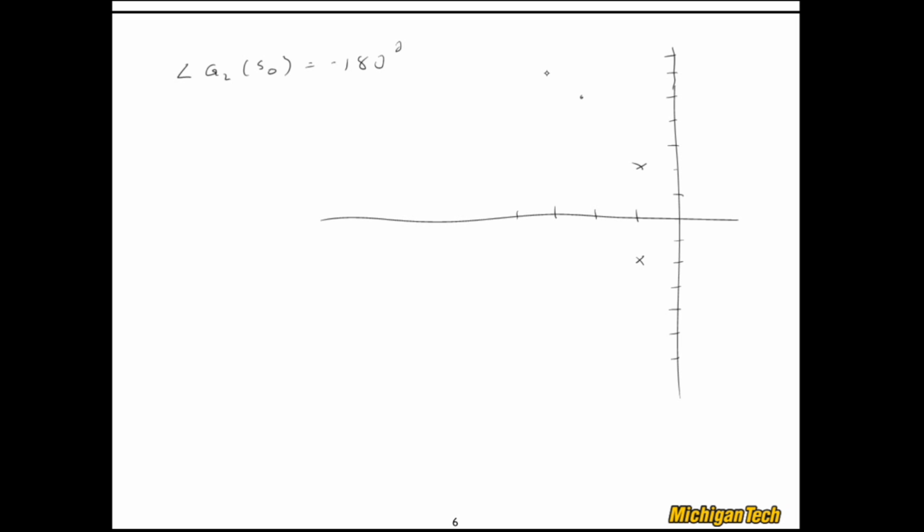And I can see that I maintained the zeta approximately the same. Now, we're going to call this point S0 and draw some lines to it from the poles of our plant. And I'll label those phi P1 and phi P2.